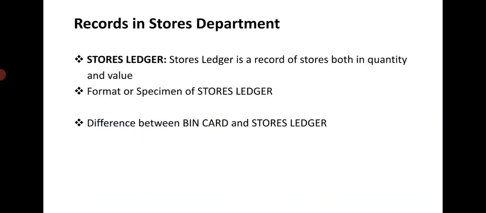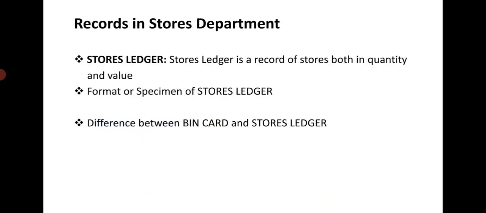So what are the differences between the bin card and the stores ledger account? First difference is a bin card is a document to keep a quantitative record of receipts, issues, and closing balance of an item of material.